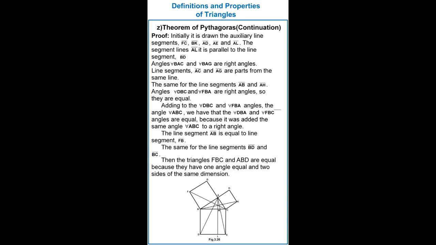The straight line segment AB is equal to the straight line segment FB. The same for the straight line segments BD and BC. Therefore, the triangles FBC and ABD are equal, because they have an angle and two sides with equal dimensions.